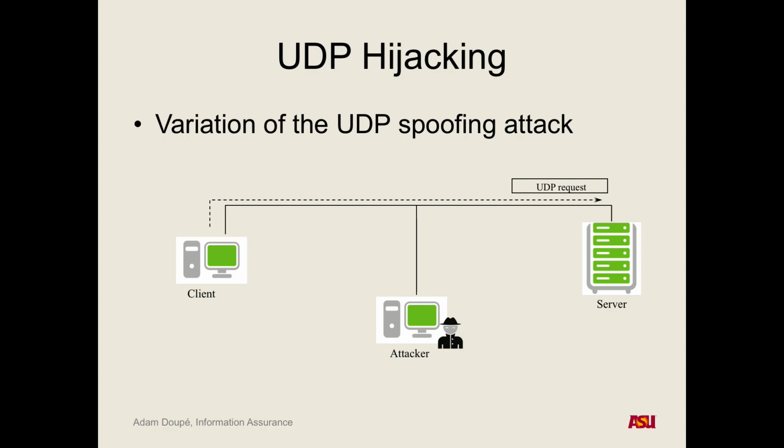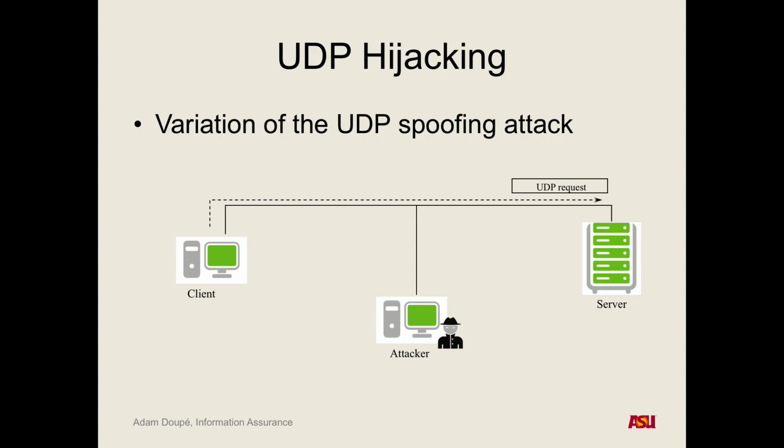Somebody's asking, hey, what's the IP address of google.com? We spoof the server, so we pretend that we are the server. How do we convince the client of that? We change our source IP address to the server's.